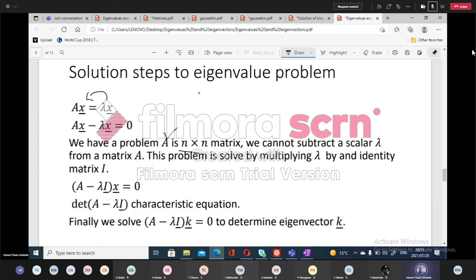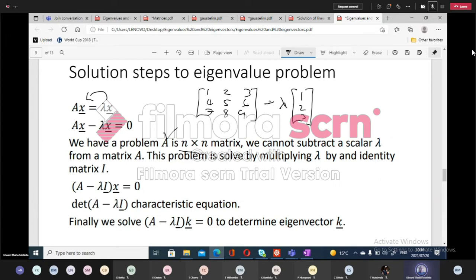Now I'll just explain what I mean here. Let's say we are solving a 3 by 3. We have a matrix 1, 2, 3, 4, 5, 6, 7, 8, 9, minus lambda. And we know that the vector is just a column matrix, so it can be 1, 2, 3.